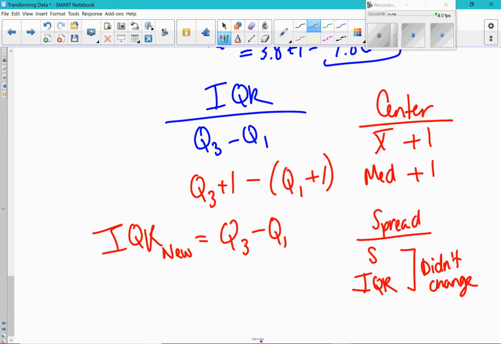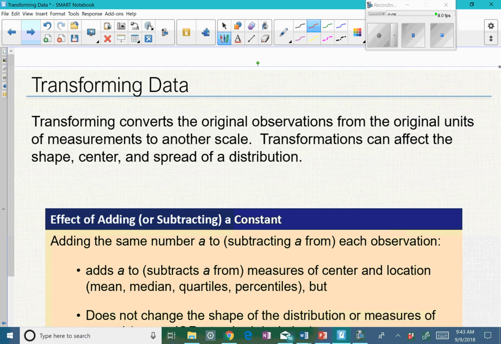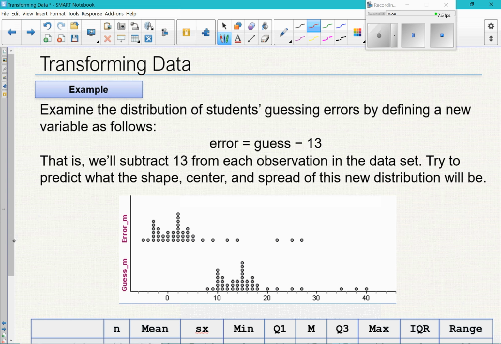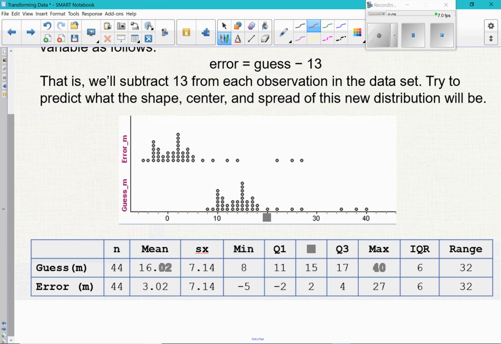It's kind of like thinking, here, I'll show you an example. If I had a graph like this, a graph of students guessing some values, and for whatever reason we transformed it and there was some error, maybe a 13-second delay or something, and all we had to do was subtract 13 from each value.